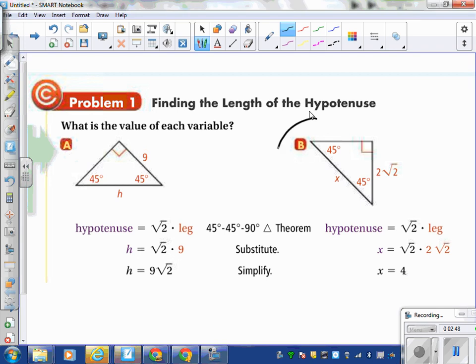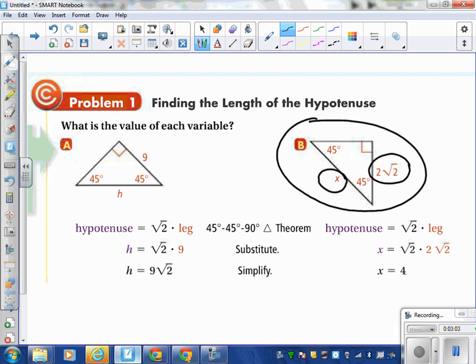Okay, if we take a look at example B, we have another 45, 45, 90 triangle. My hypotenuse is x, but the leg of this triangle is 2 square root 2. So how do I use this information to find out what the hypotenuse is? I take the information from the theorem, knowing that the hypotenuse is the square root of 2 times the leg, which in this case is 2 square root 2.